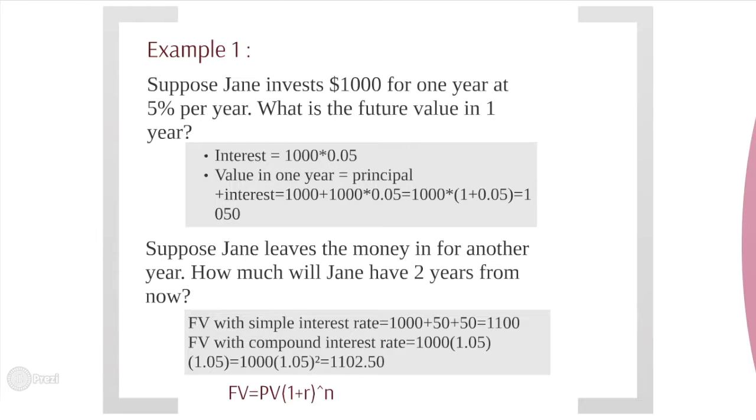And then we are able to find the value in 1 year. And that will be the sum of principal and interest, which equals 1,000 plus 1,000 times 5%. And it is 1,050.